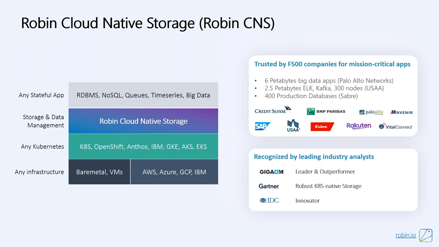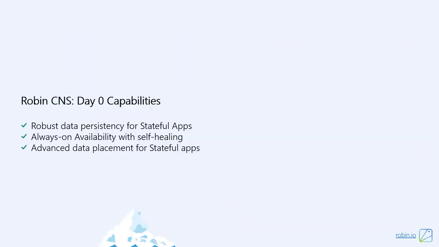Right. So these are a few proof points for Robin Cloud Native Storage, where we have demonstrated strong success over the past few years. Now let's talk about a few things that you would require to successfully run stateful applications on Kubernetes, and let's talk about how Robin delivers that.